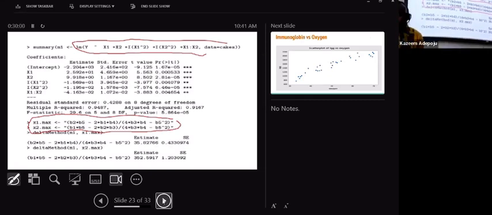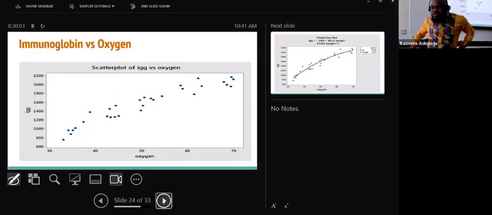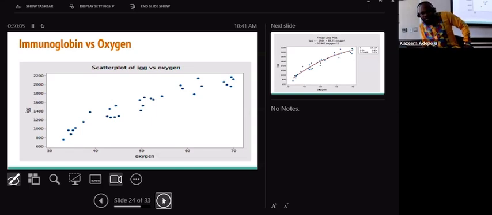Okay, now the next thing I want to talk about: I want to take a look at this hemoglobin versus oxygen. Everybody knows that oxygen is very, very crucial for hemoglobin. Okay, now when I do a scatter plot of that, you can see what we have.